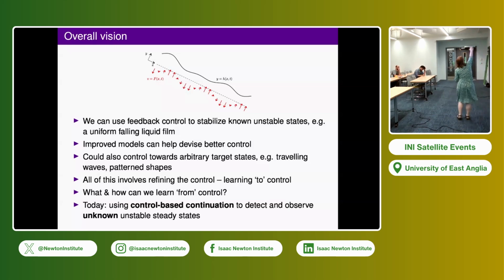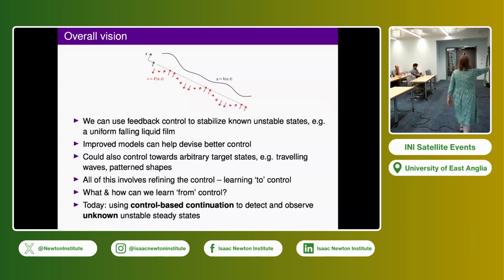If I just want to stabilise a uniform state of a falling liquid film, I can be pretty sure that my uniform film has a uniform height, and it doesn't matter what model I pick, that will always be exactly the same. I could try and stabilise something else, like a travelling wave, and then the shape of the travelling wave would depend a little bit on what model I picked.